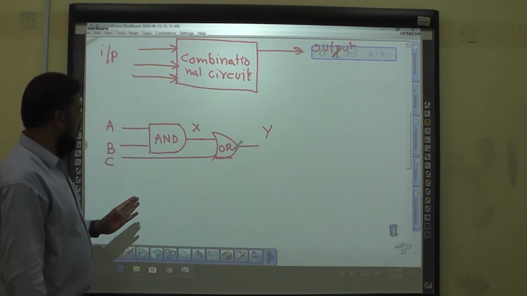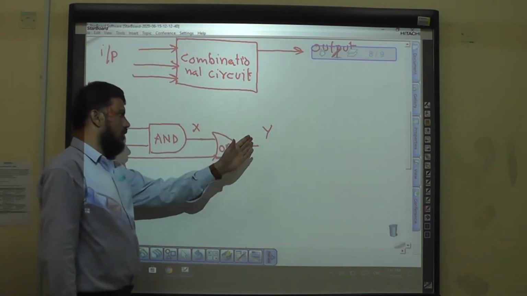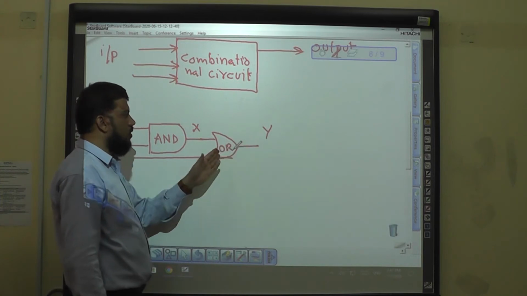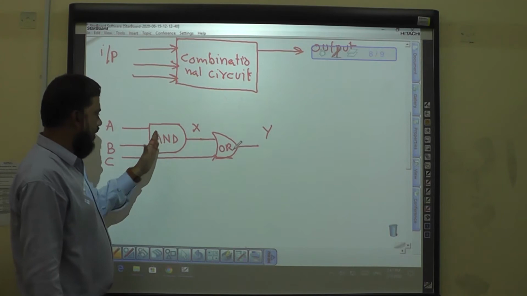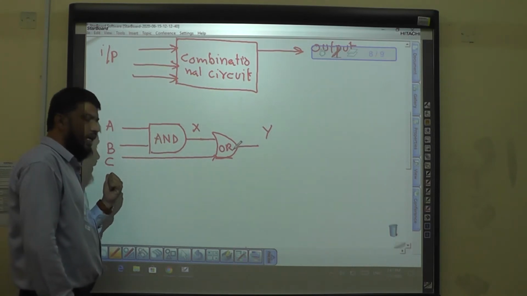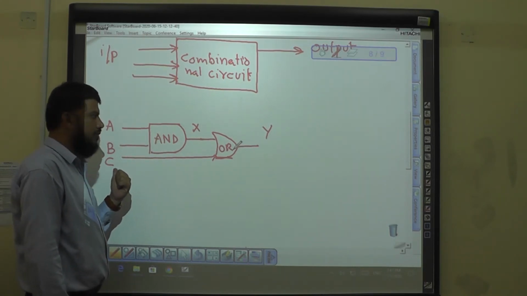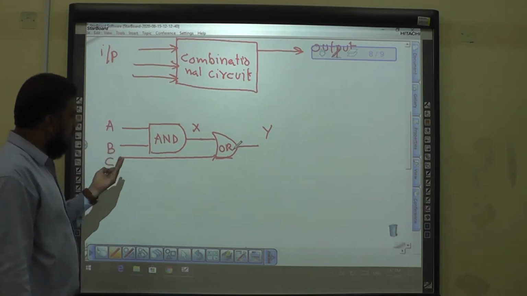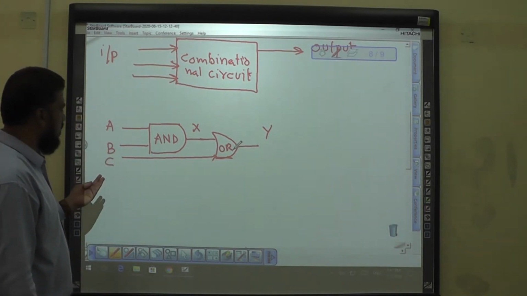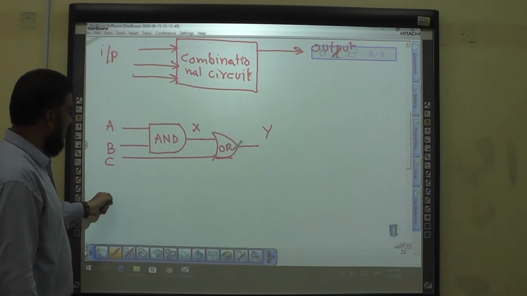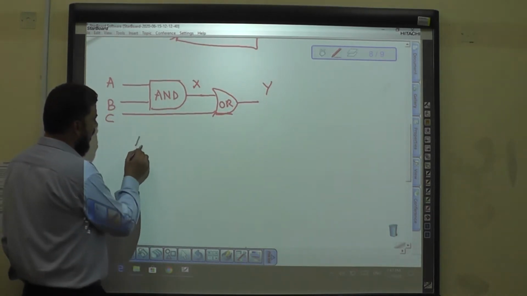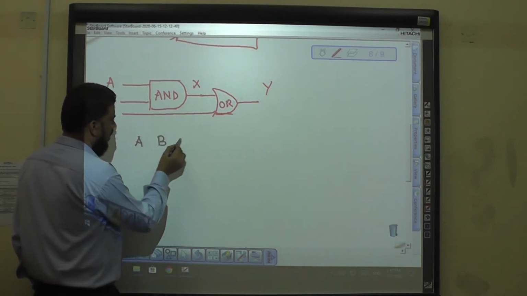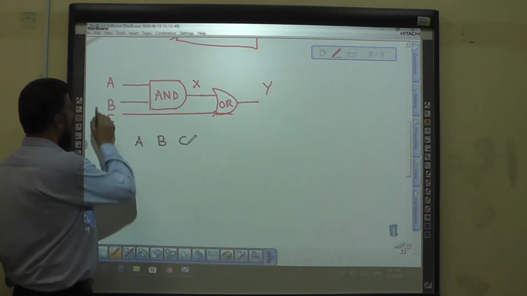So we have to learn what will be the output. It is not just the output of the OR gate. It is a combination of the output of the AND gate as well as the one input C here. So if you see the truth table of this combinational circuit, A, B, C are the inputs.